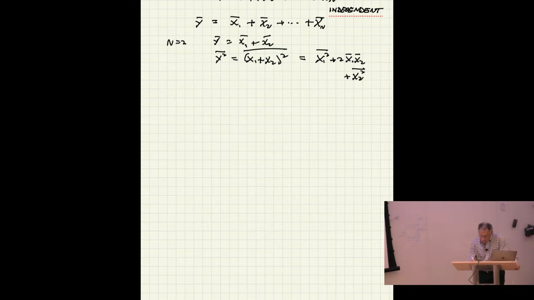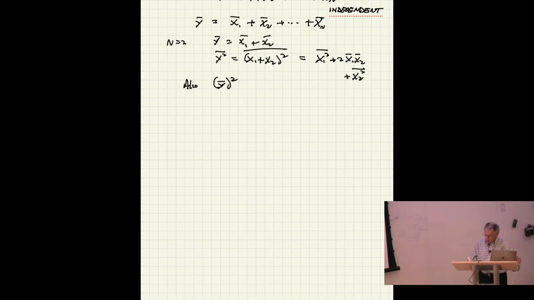Now it's also true that the average of y itself squared, well, I know what it is from this equation above. I know it right here. So square that thing, and what do I get? Let's write it out.